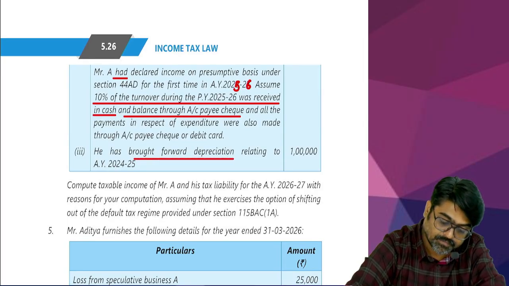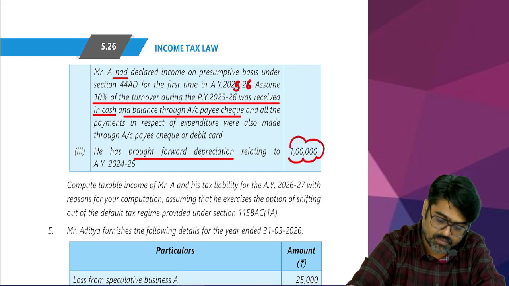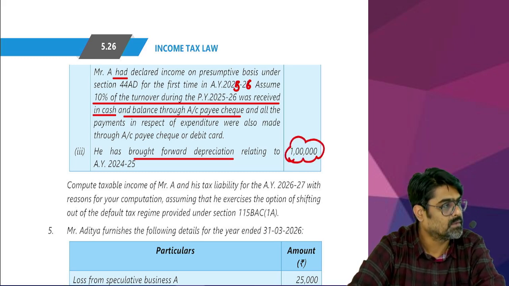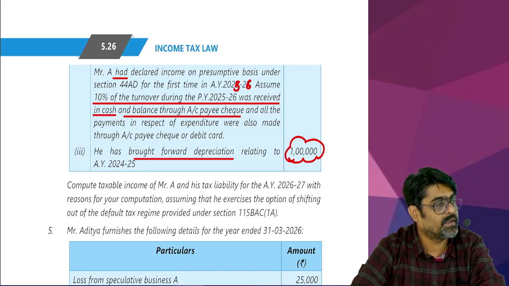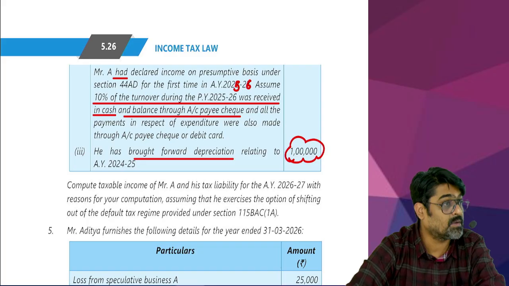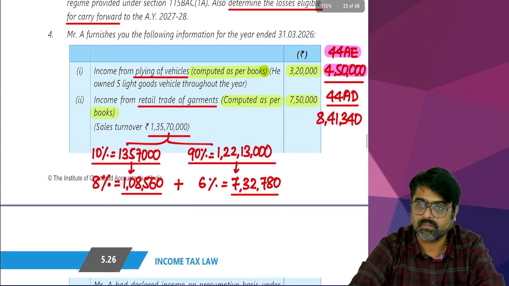Now see, he has brought forward depreciation relating to the assessment year 25-26, of 1 lakh. Brought forward depreciation of earlier years can be set off in this year against business income or any other income except salary. Yes or no? Can it be set off against your business income?